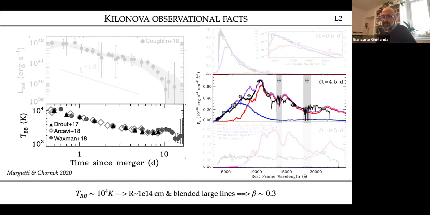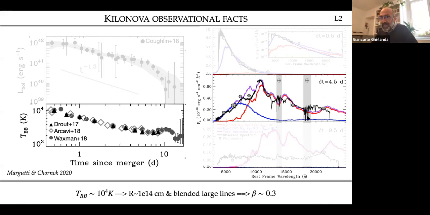This implies that the velocity at which it expanded should be relatively large, a beta value, v over c, of the order of 0.2, 0.3. The fact that the material is expanding at large velocity is also implied by the extremely blended and stretched structures of the lines predicted by the models in the spectrum of the kilonova at this epoch, for instance.